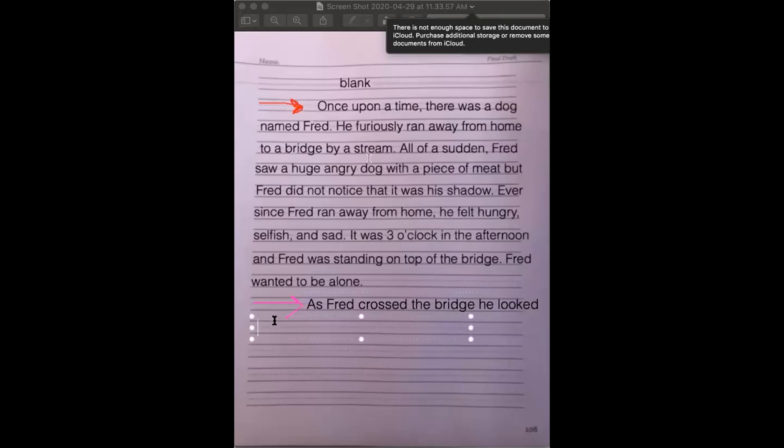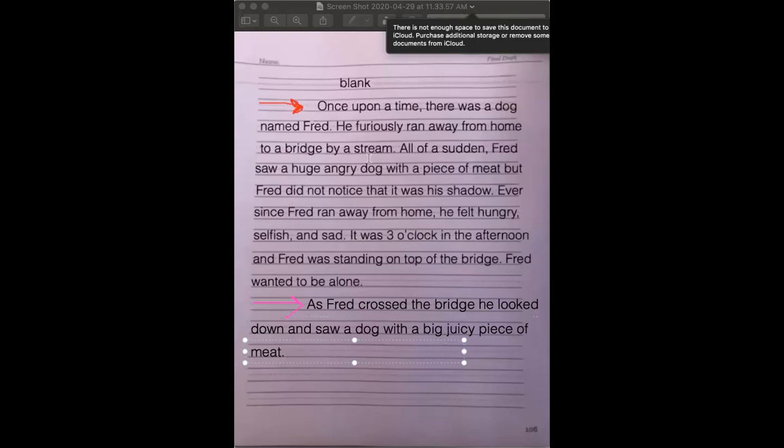He looked down and saw a dog with a big, juicy piece of meat.